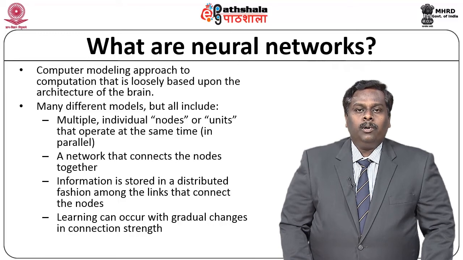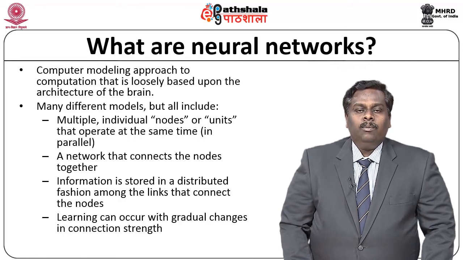The first important component is multiple individual nodes or units that operate the same as the brain units, which are basically the neurons, and all these units operate at the same point of time, that is, in parallel. The second important component of any neural network based model is the network itself, because every node in the network must be interconnected, and therefore the network structure itself forms the second important component.